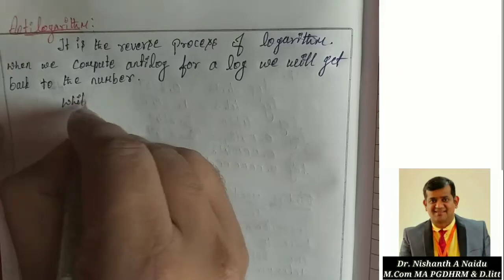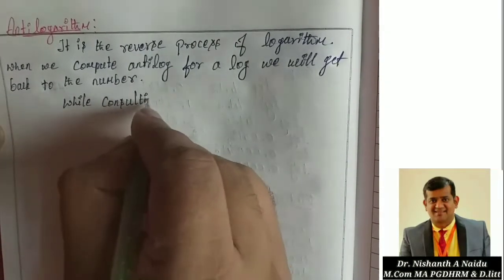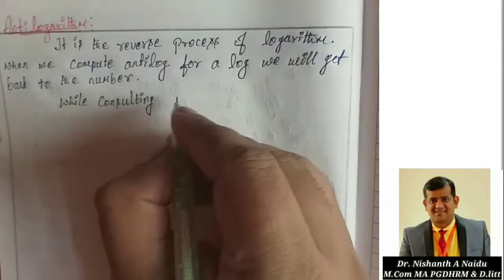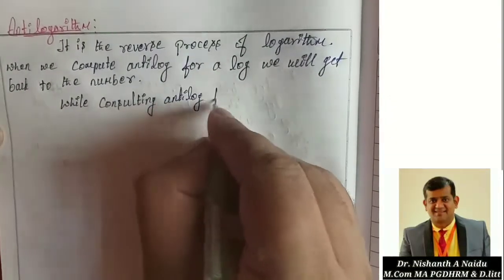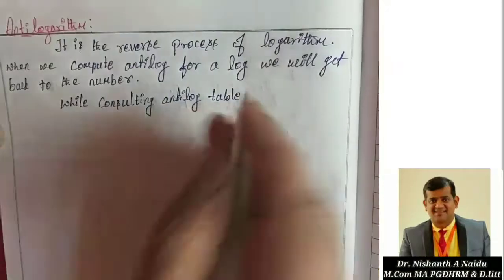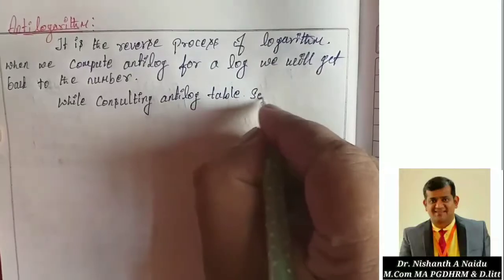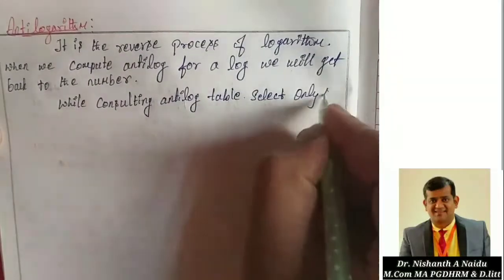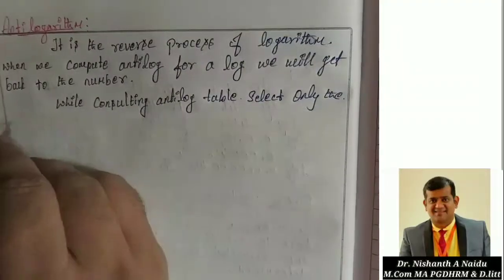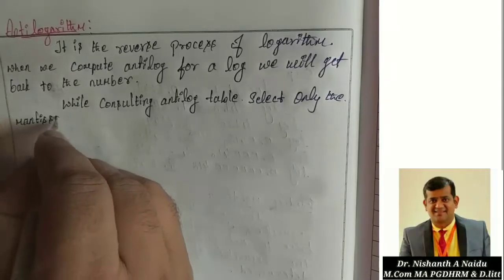While consulting, which is nothing but referring to the anti-log table, while we compare with the anti-log table, we select only the mantissa part, only the mantissa.